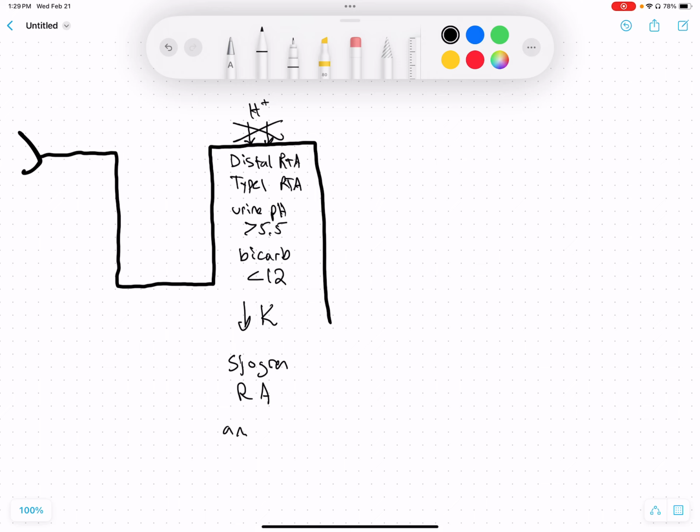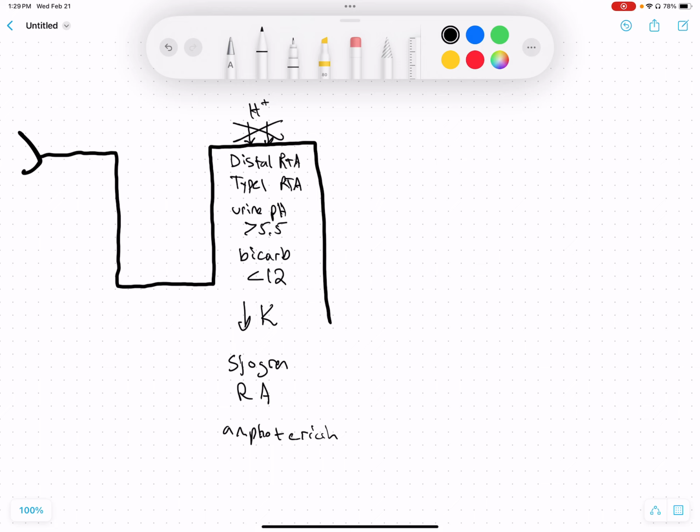So amphotericin can cause this distal RTA. That's at least we're getting to know what the distal RTA, type 1 RTA is.